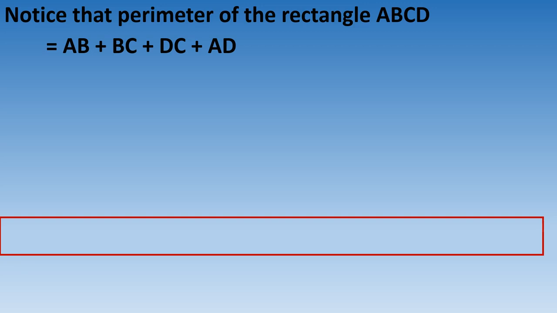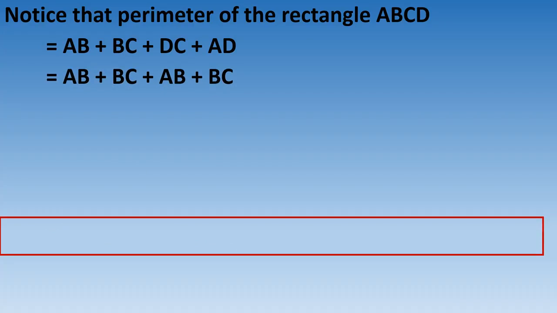So in place of DC, now I am writing AB. AB, and in place of DC, again AB. And BC equal to AD. So in place of AD, I am writing BC. So what I got here now? 2 times AB and 2 times BC.